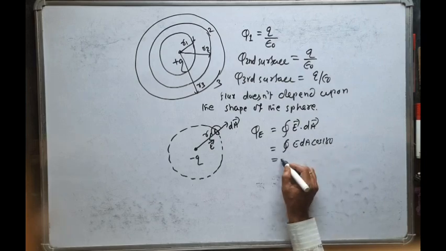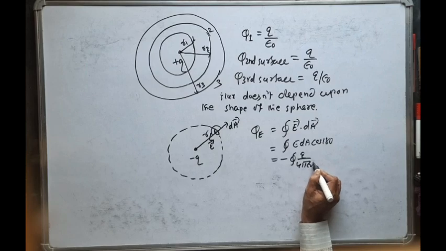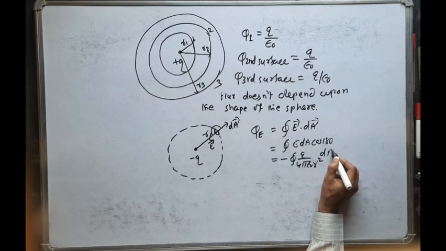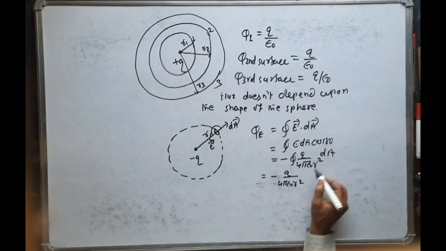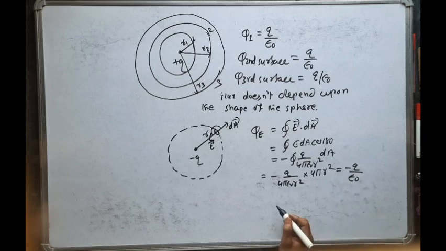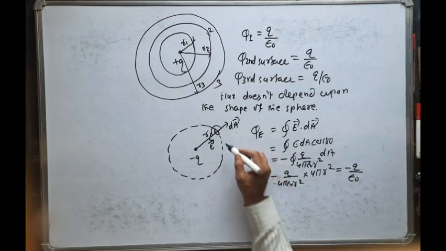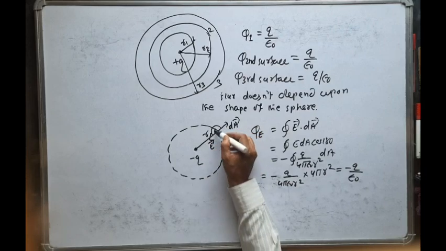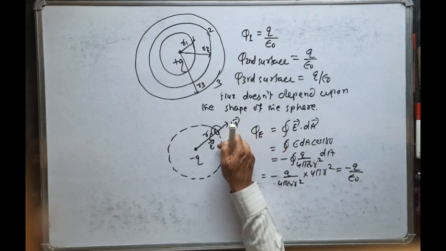You know cos 180 is minus 1, and E is equal to q by 4 pi epsilon naught r square. So if you integrate this, minus q by 4 pi epsilon naught r square comes out, and the integration of dA is equal to the area. What is the area? 4 pi r square. So you will get minus q by epsilon naught. So if the charge is negative, the electric flux is towards the surface. That means the lines of force will be towards the surface.